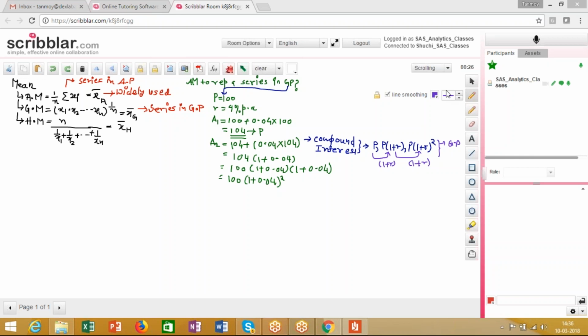So let's start thinking with two observations. Suppose I have two observations, x1 and x2. For these two observations, the arithmetic mean will be nothing but (x1 plus x2) divided by 2.